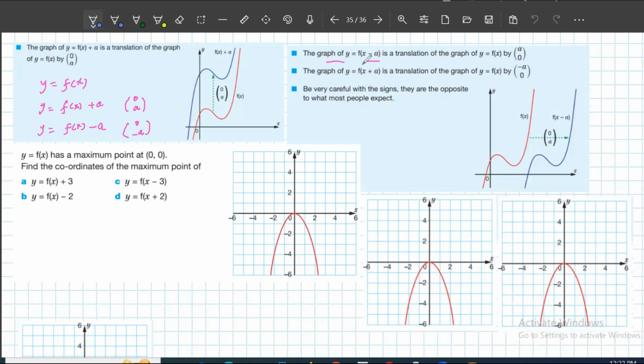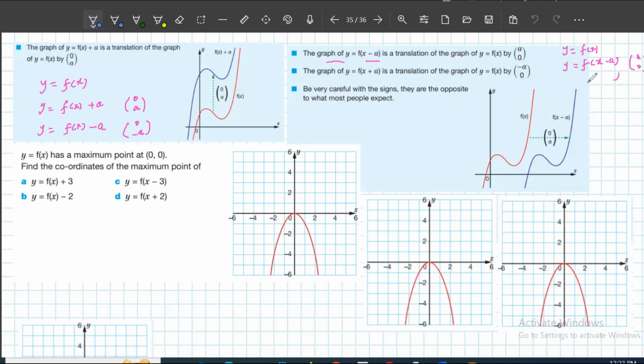Remember that in the x-axis the translation is always opposite to the sign. If you have y is equal to f of x and the translated function is f of x minus a, then it is along the x-axis but in the opposite direction, and our translation vector is (a, 0).